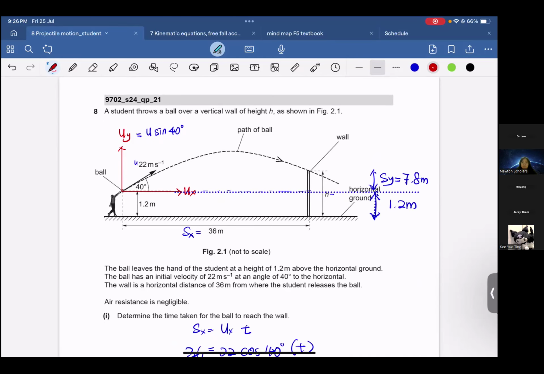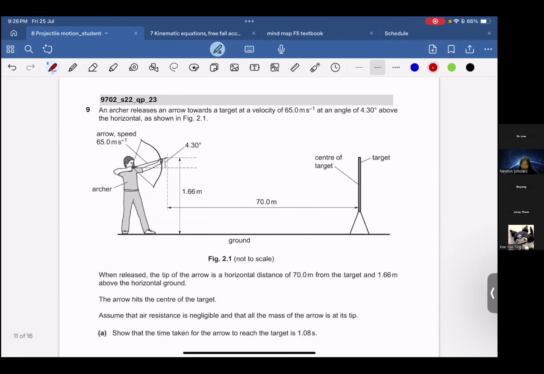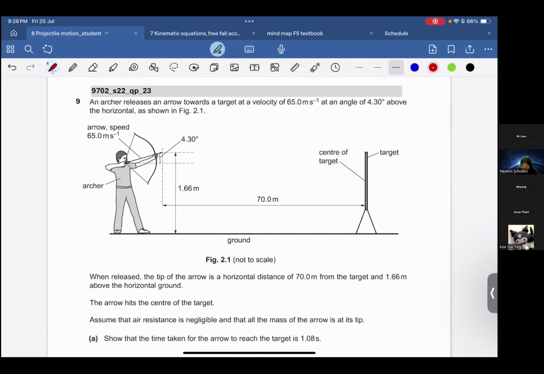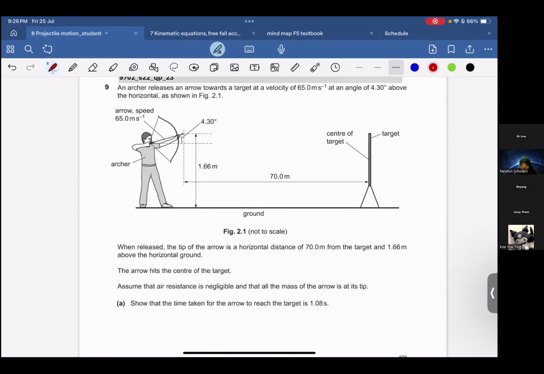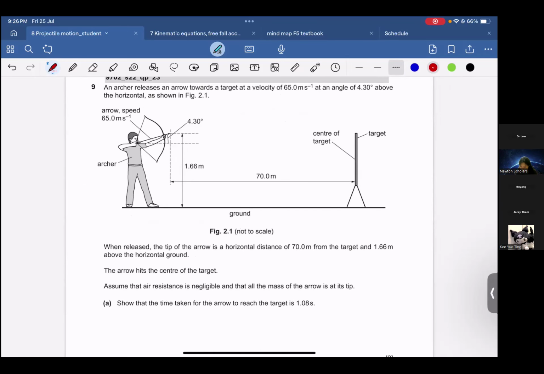Now we go to page 11. Last question before we end. Okay, dear. The question is asking you to calculate the time. So boys and girls also calculate the time. This one is SX.